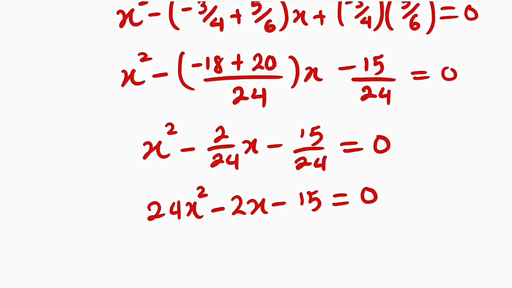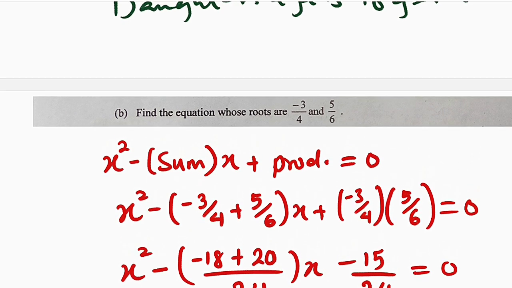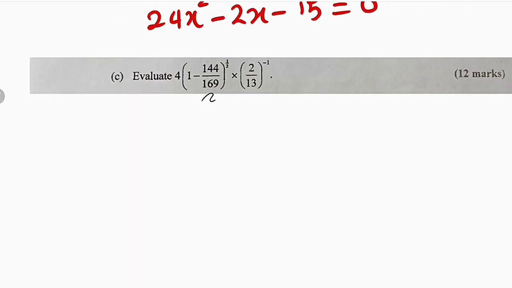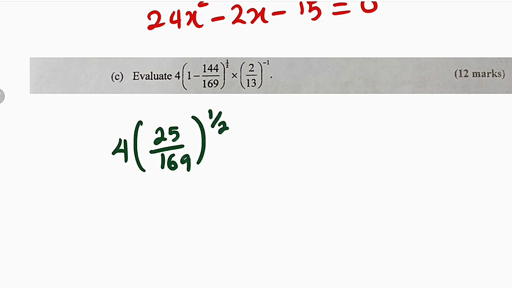So now let us take the last question under question number 7. So the C part, we are asked to evaluate this numerical expression. Let me rewrite it. This is 4 multiplied by, if you simplify this, it is the same thing as 169 times 1, which is still 169, minus 144, which is 25, divided by 169, raised to the power of 1 over 2.